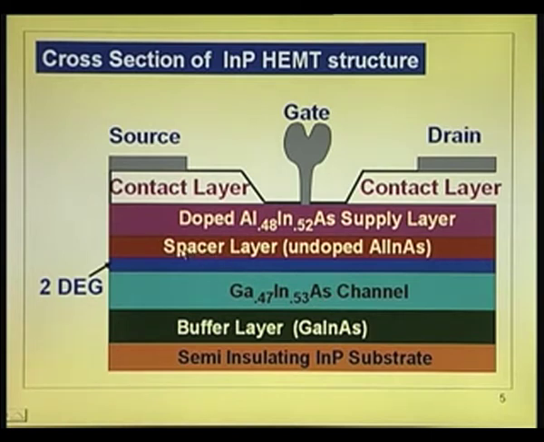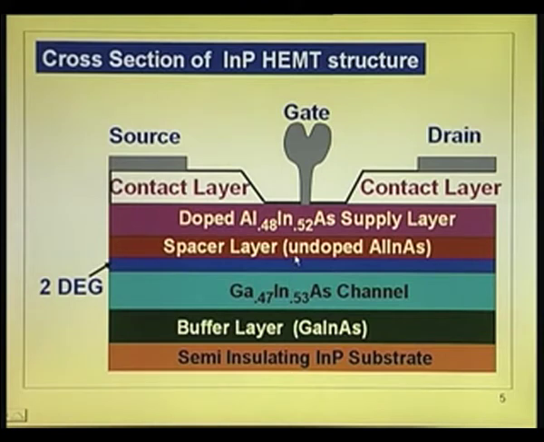Then this is of course what you get when you have the 2-dimensional electron gas. This is not a thick layer, it is actually a thin layer of 2-dimensional electron gas, and structurally you have gallium indium arsenide and on that undoped aluminum indium arsenide. Aluminum indium arsenide, you see, is a wider band gap material compared to gallium indium arsenide.